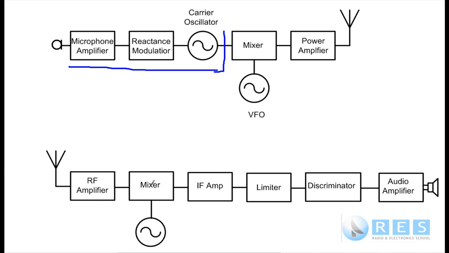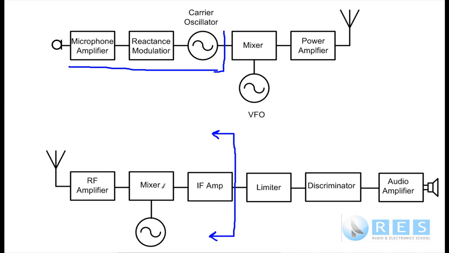Here is a simplified diagram of an FM receiver, and up until this point nothing has changed. That you should be very familiar with from our discussion of double sideband and single sideband. RF amplifier amplifies the incoming signal.